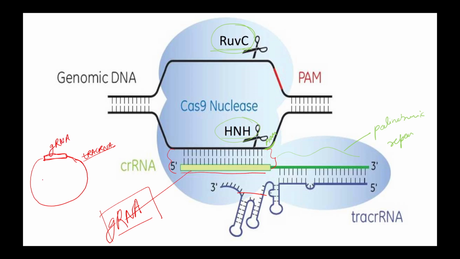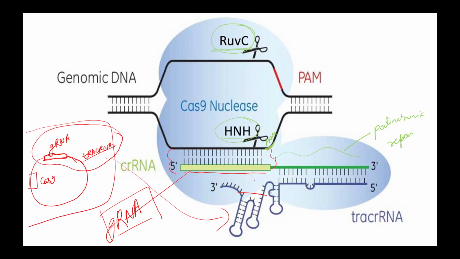Then in the same vector you can put this Cas9 protein. This entire vector construct you can transfer into your organism, into your cells, and there it will express. The guide RNA and the tracer RNA will express and make a complex, which will lead the Cas9 protein to the target sequence upon the complementary binding of the guide RNA to the target.